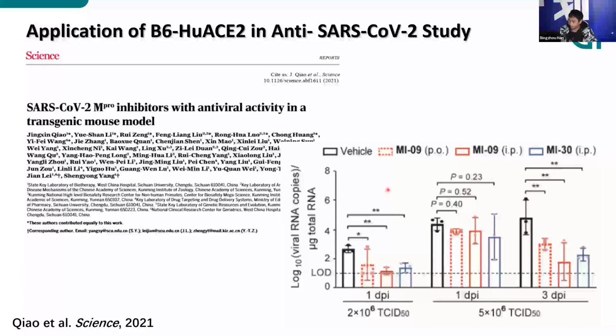We can see that this MI9 or MI30 in different doses after infection will greatly lower the total RNA copy number of the infected virus, which means that our model is suitable for the preclinical drug selection and drug evaluation of the anti-COVID-19 drugs.